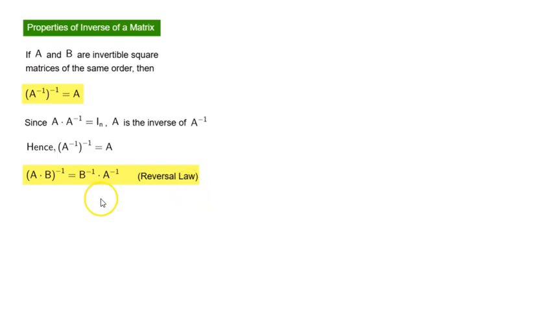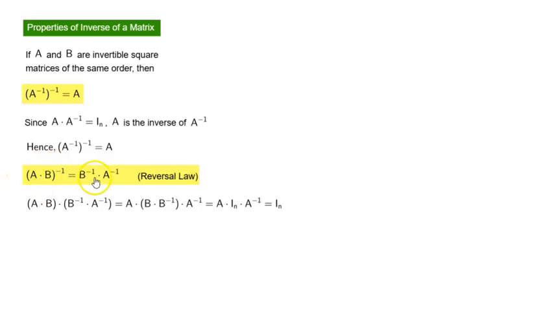Second one, reversal law. (A times B) inverse is equal to B inverse times A inverse. So how do we prove that? Now think of it like solving an equation. We take (A times B) inverse to the other side. What do we have?